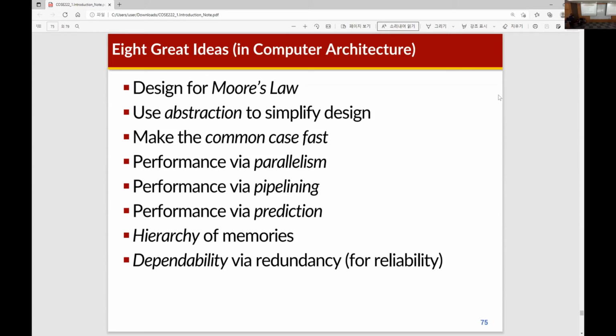Common case first. So with the computer, we can run general purpose applications. So what does that mean? What does general purpose mean? Which means we can run many kinds of applications, a wide range of applications.